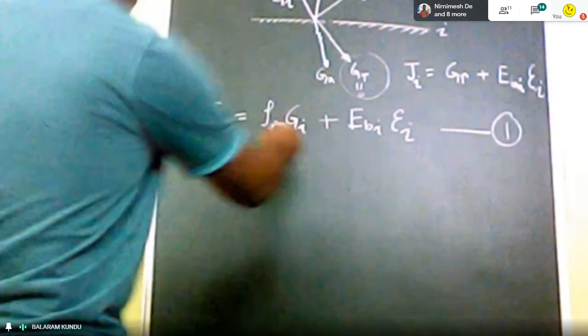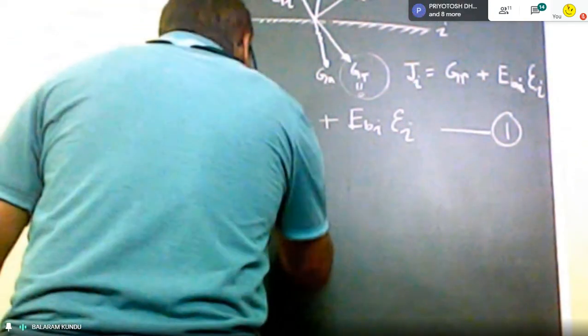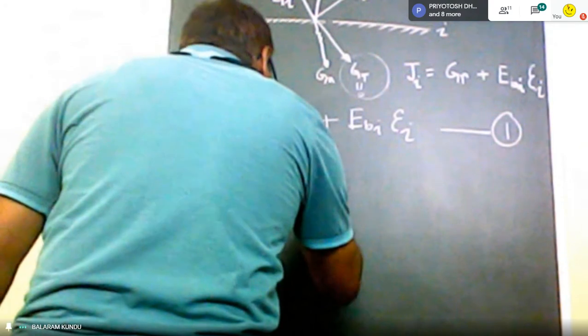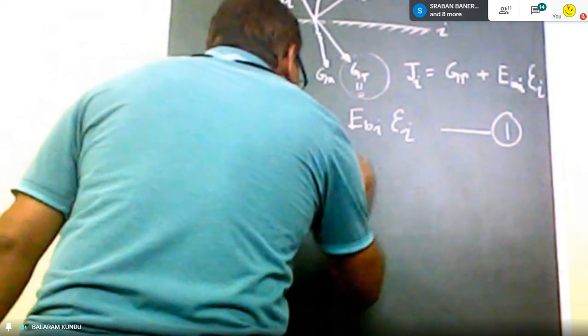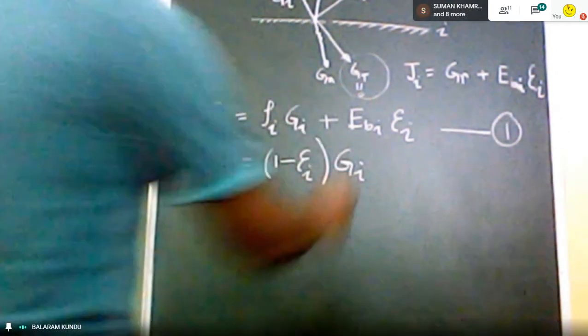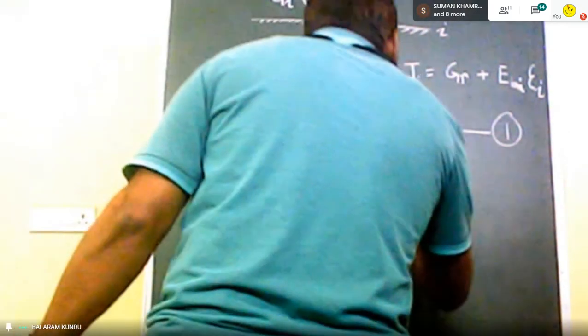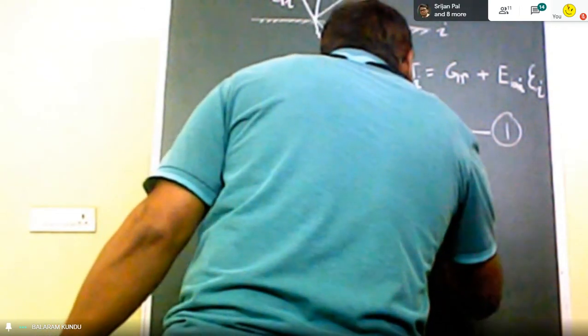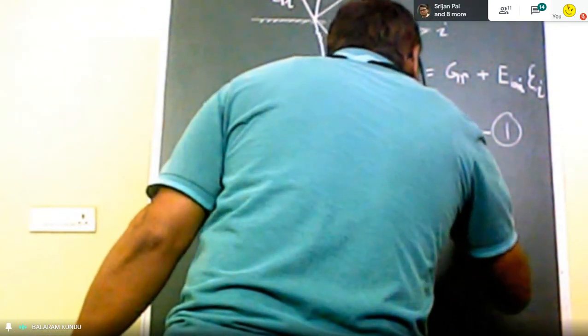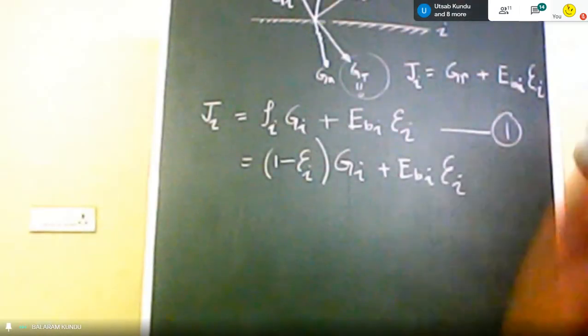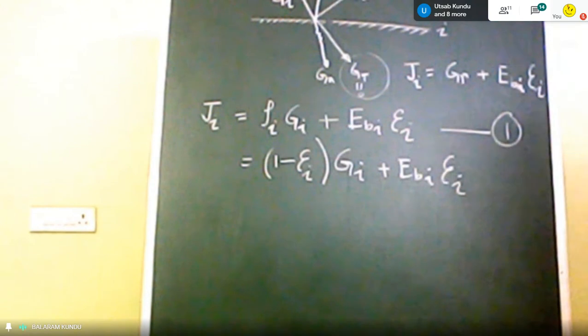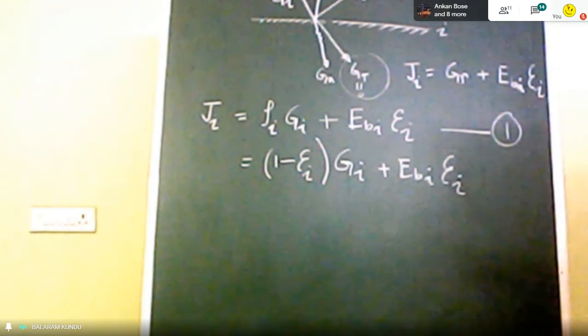So rho I can be replaced by 1 minus epsilon I into Gi, plus EBI into epsilon I. So Ji, that is radiosity of surface I, equals this mathematical expression.